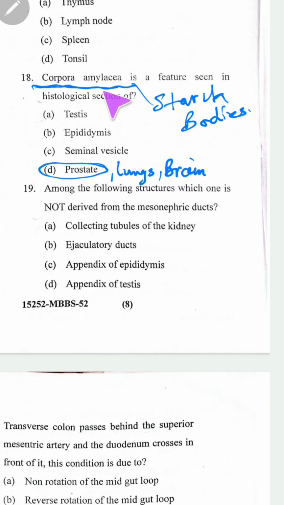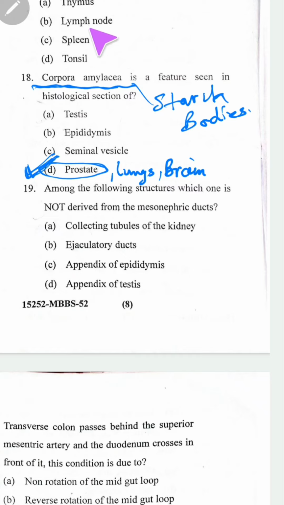It is sometimes seen in other organs also, corpora amylaceae. So remember here, choice 18, your answer will be D. Corpora amylaceae seen in prostate.